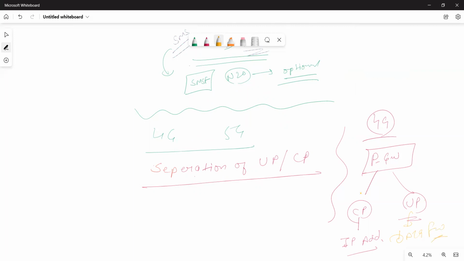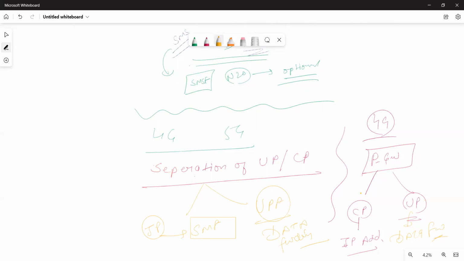Now in case of 5G, the same task of IP allocation is done by the SMF, right? And the user plane function, your UPF, provides the data forwarding. So that's how these things are going to work here.